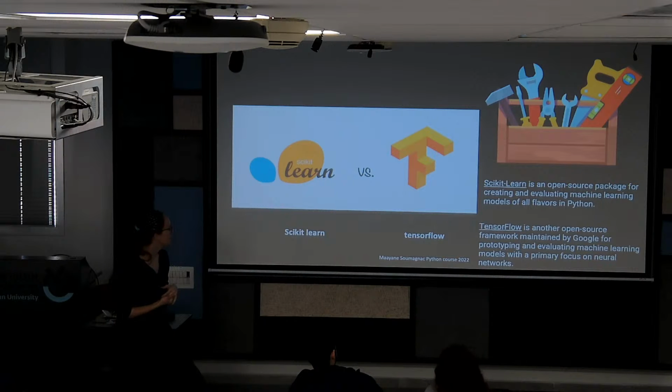So scikit-learn is a very good package for machine learning. It has a broad variety of machine learning tools. Today we only spoke about neural networks, but there are many more kinds of machine learning tools.